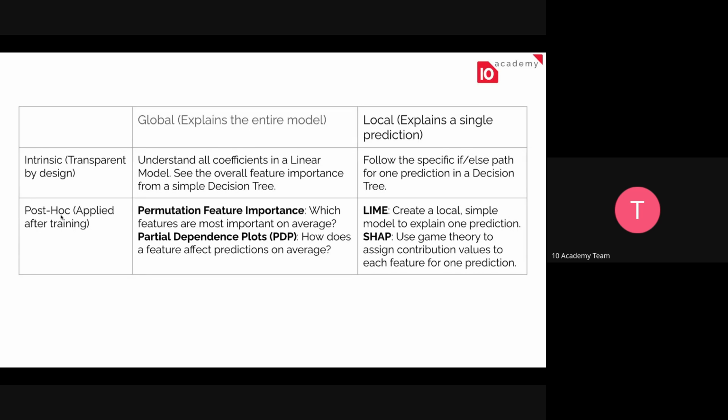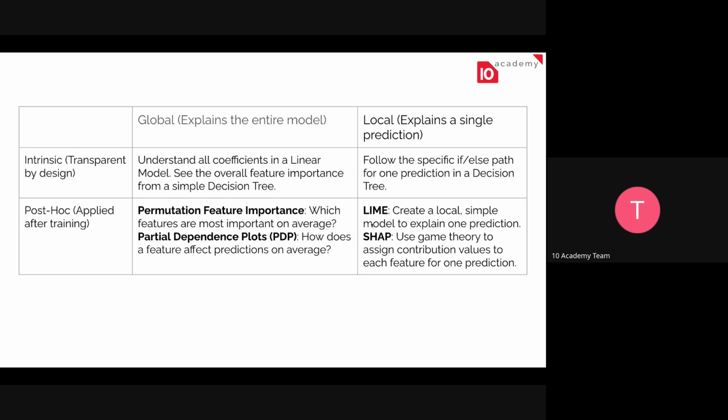If it is post hoc and global, you have two options: PDP, which shows how a feature affects predictions on average, or permutation feature importance, which shows which features are more important on average.